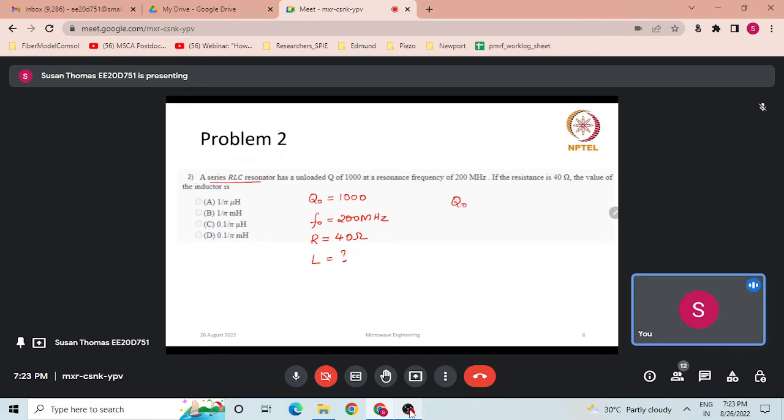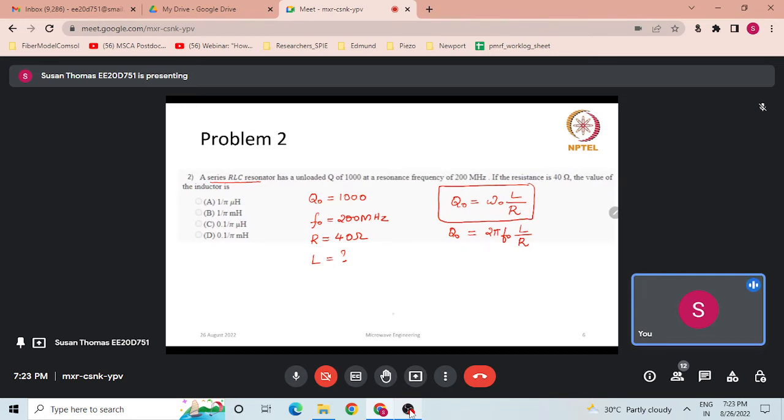Q naught is omega naught L by R, where omega naught can be written as 2 pi f naught, into L by R.